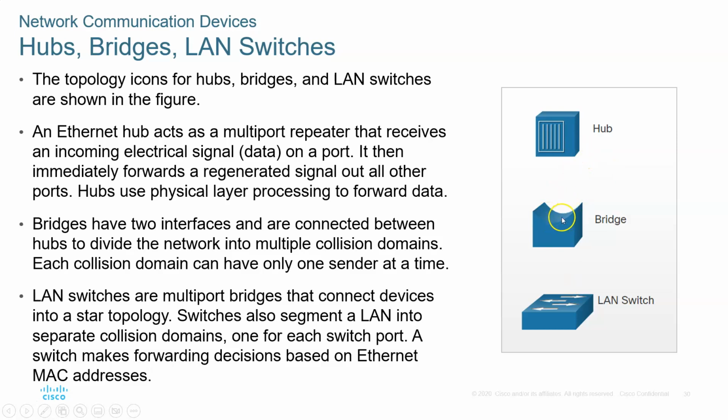A hub is a layer 1 device because there is no software in a hub. When a hub receives a packet, it doesn't look up anything. It just sends the data to everybody. So the more people are connected to the hub, the slower your connection is going to be.